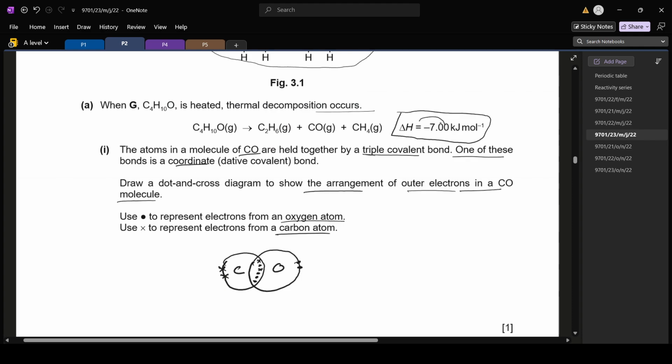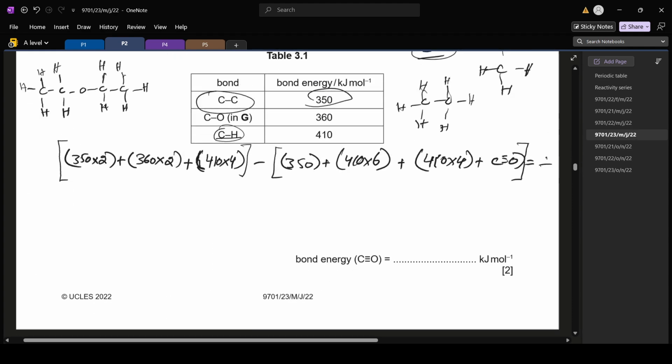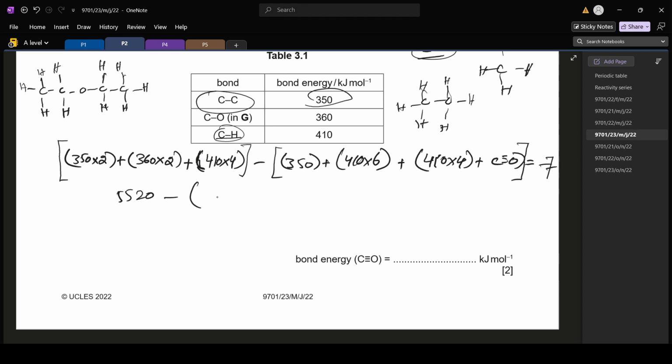the enthalpy change of the reaction, which is -7. From here you will calculate the enthalpy change. If you add these all, I guess you will get 5520, and then minus 4450 plus the carbon-oxygen triple bond equals -7.